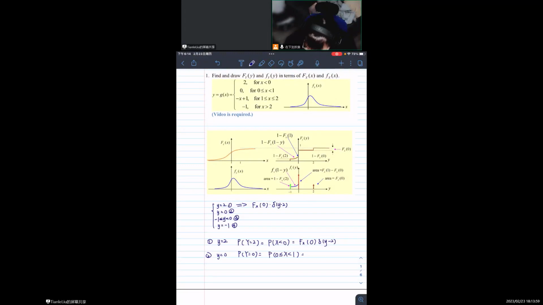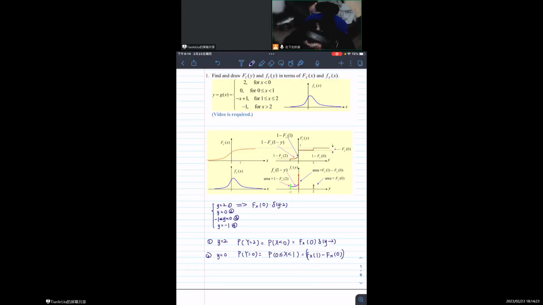For this one, we only need to set the upper bound as 1 and the lower bound as 0. But we also have to apply an impulse function, because we need it to see what the step length of this one is.